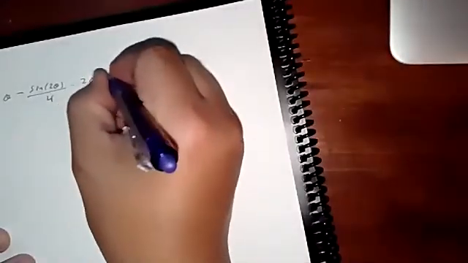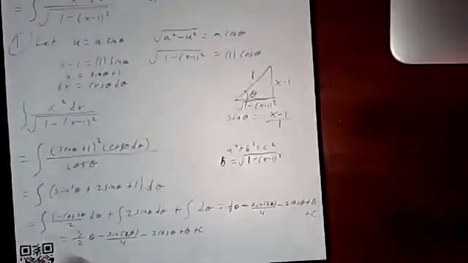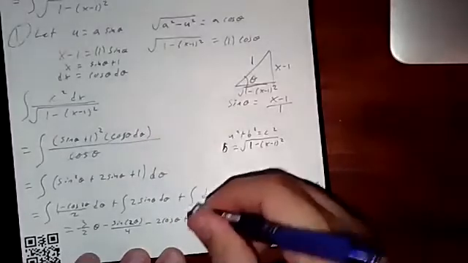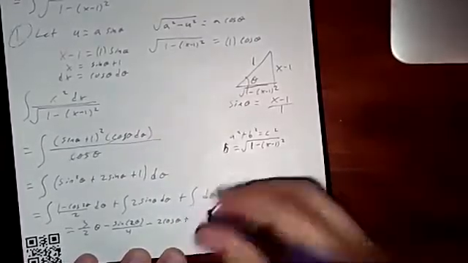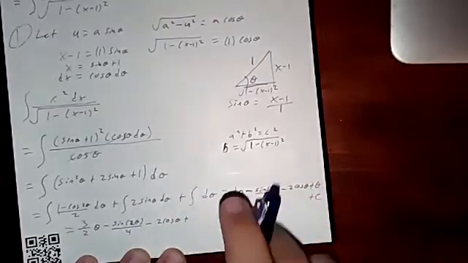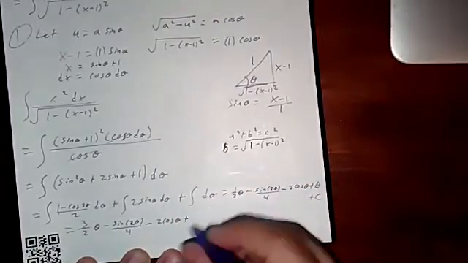Okay, next one. There's 2 cosine theta. Plus, oops, I wrote an extra theta there. My bad. On the first page, I already combined that theta. It shouldn't be another one. It's just plus C. Yeah, just put a C.